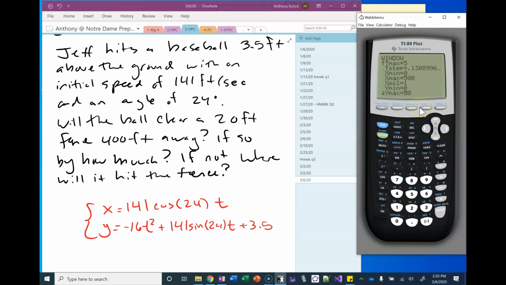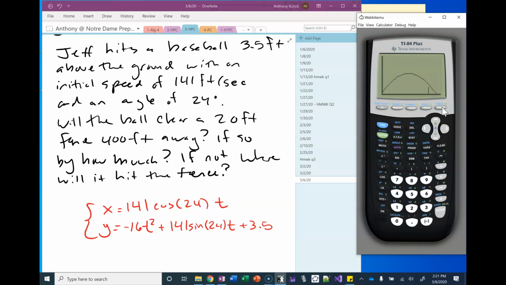And because we're going a little bit more up at a 24 degree angle than a 16 degree angle, I'm going to change that Y max to maybe 100 this time. And then I'm going to hit graph. So there's my ball. There's my fence. What happened? It didn't clear it? No, it didn't. It did, right?